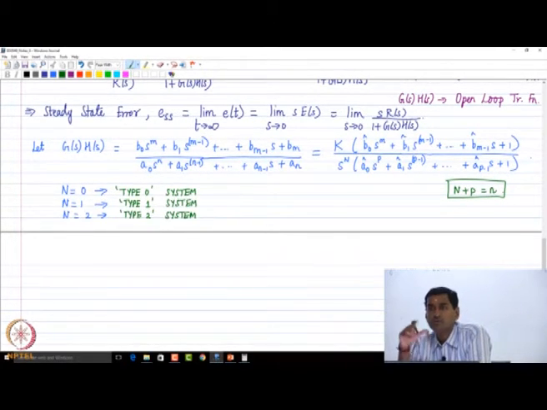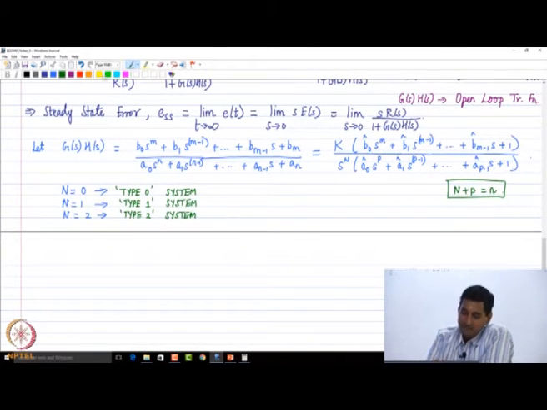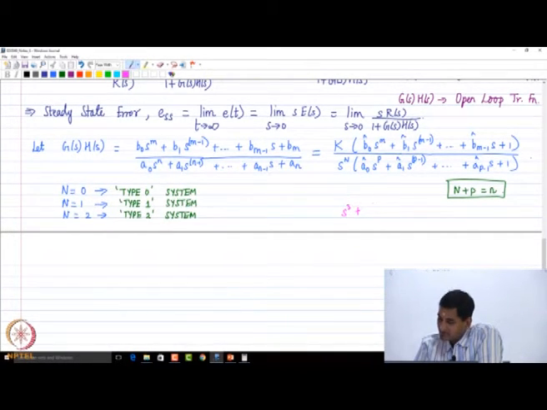If I have a factor like s, only if I have a root at 0, I am pulling it out, that's it. Other terms will remain like this. Let me give you an example, maybe let me try to convey it better. Let's say I had the denominator to be this, plus 4s. What can I do? I can do this.